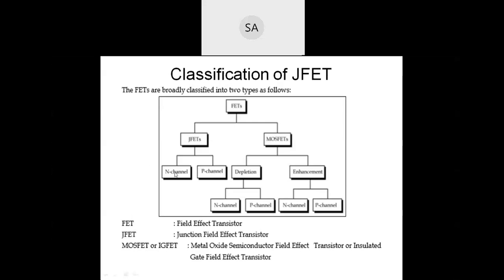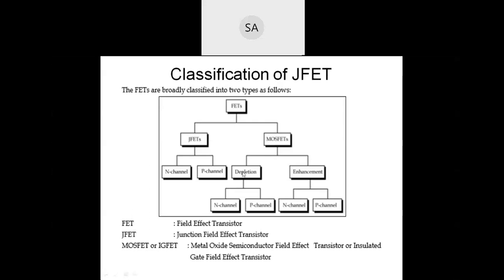In the N channel, the channel is N type and the diffusions are P type, whereas in the P channel, the channel is P type and the diffusions are N type. Another classification is the MOSFETs, which are again classified into two types: depletion MOSFET and enhancement MOSFET.